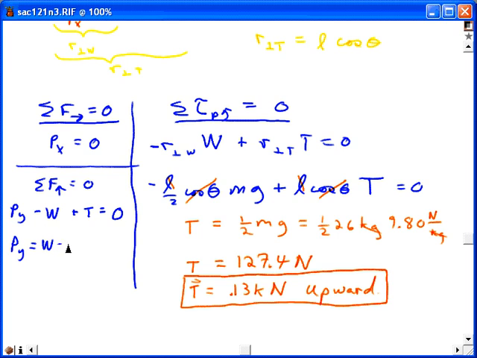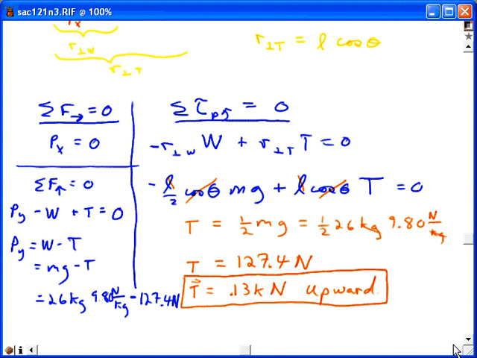That's W minus T, or mg minus T, which is the 26 kilograms, 9.80 newtons per kilogram, minus the 127.4 newtons.